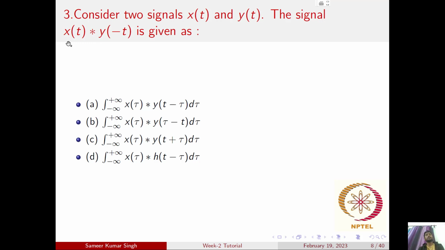Again, I am repeating question number three: consider two signals x(t) and y(t). Then the signal x(t) convolved with y(-t) is given as.